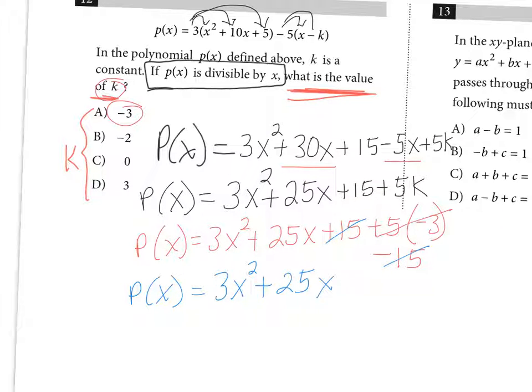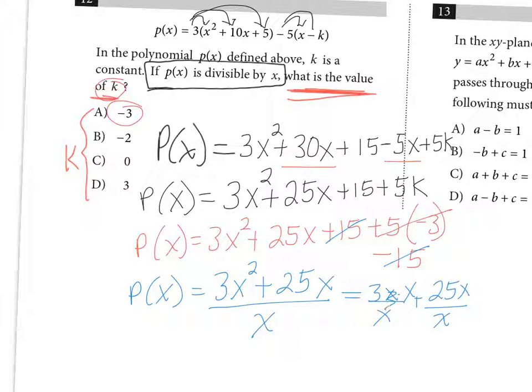Is that polynomial divisible by x? Yes, because when you divide it by x, you'll have something like 3x squared over x, and then plus 25x over x. Can you simplify something on the first term? Yes. The x's, right? So x squared is the same thing as saying x times x.